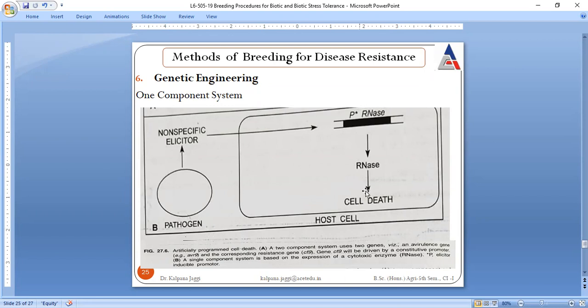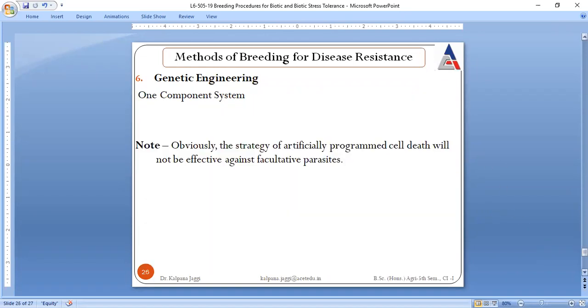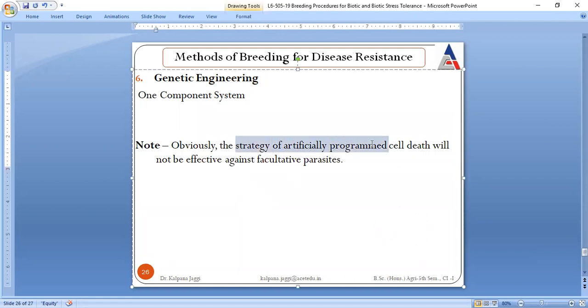Since we could not control the disease, it is better to kill the cell where the disease cannot be controlled, right? So this is the one component system. But the strategy of artificial programmed cell death is not effective against facultative parasites, right? This is to be noticed.